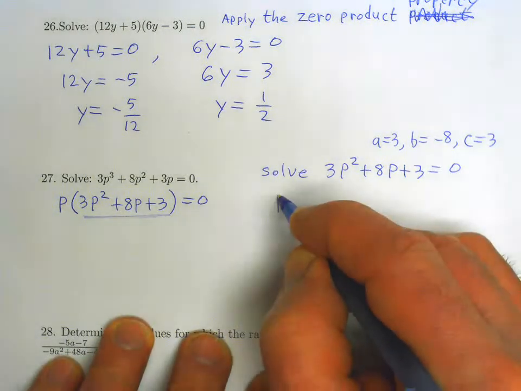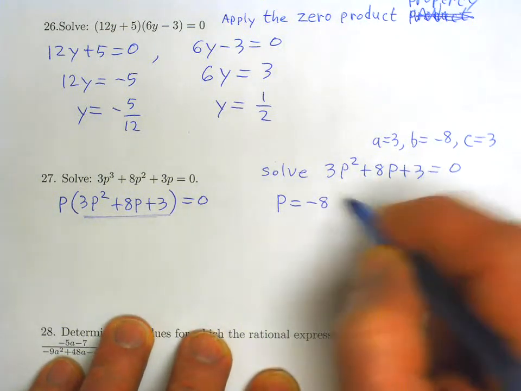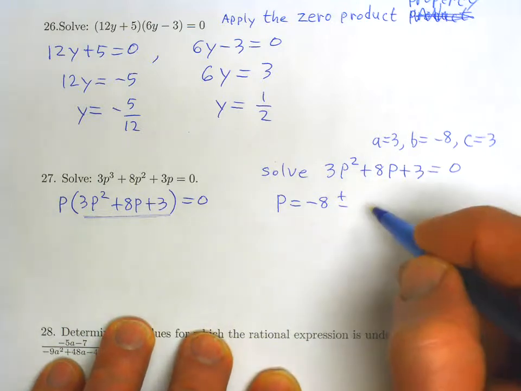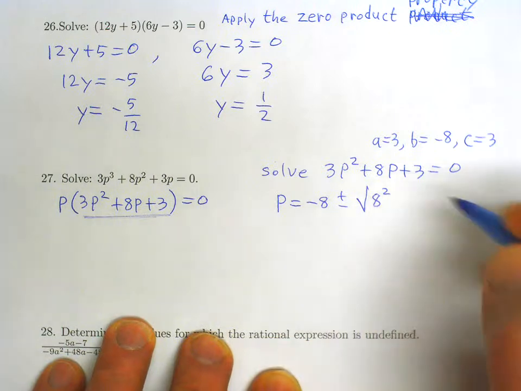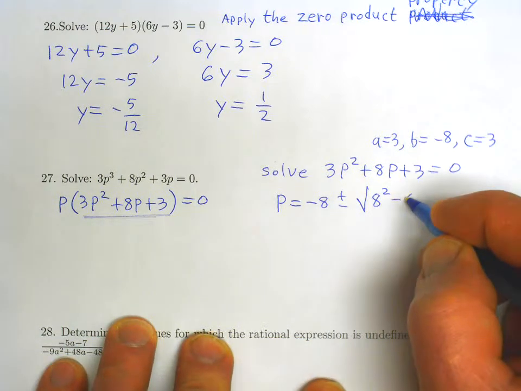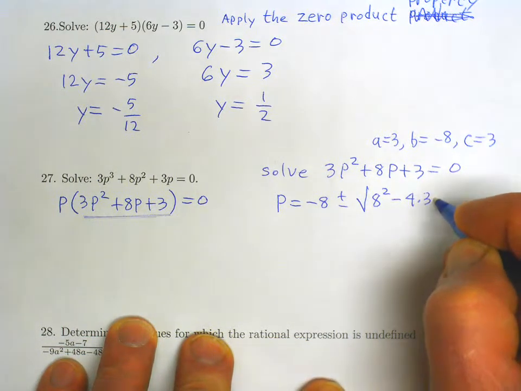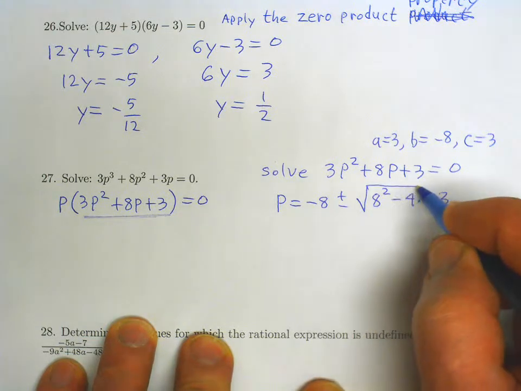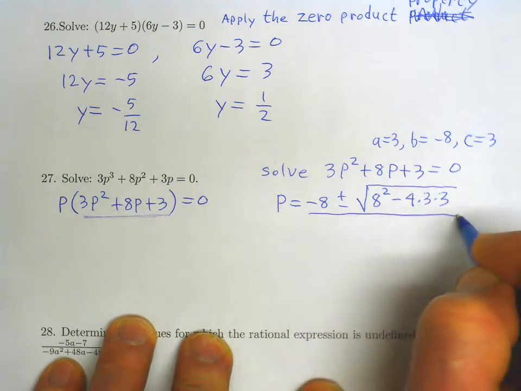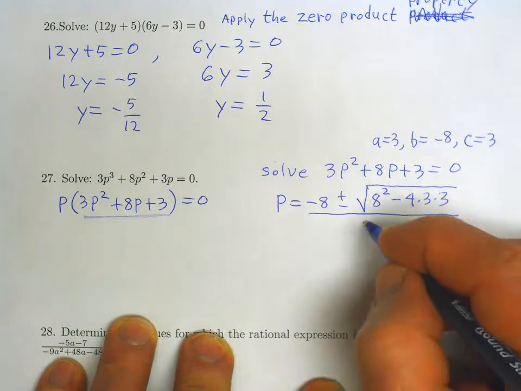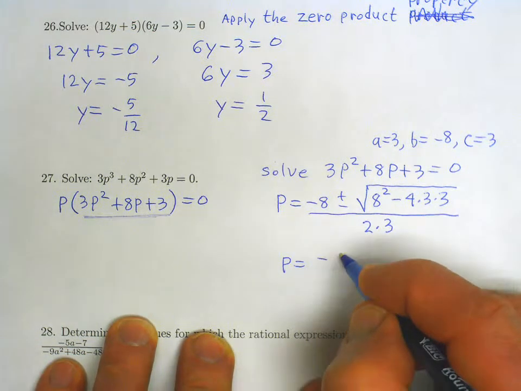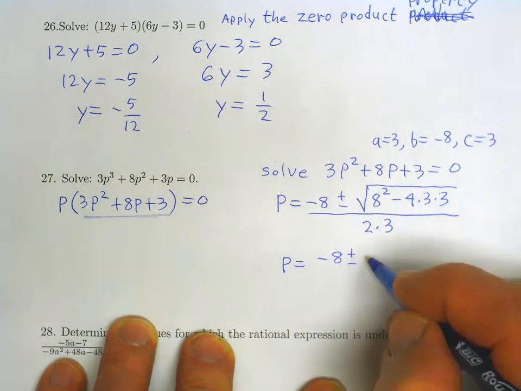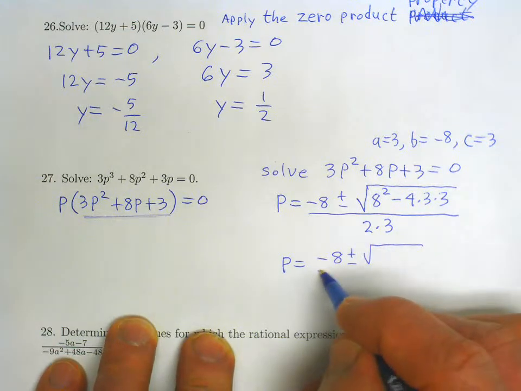So p is equal to negative 8 plus or minus the square root of 8 squared minus 4 times 3 times 3, all divided by 2 times 3. And then negative 8 plus or minus the square root of some number, divided by 6.